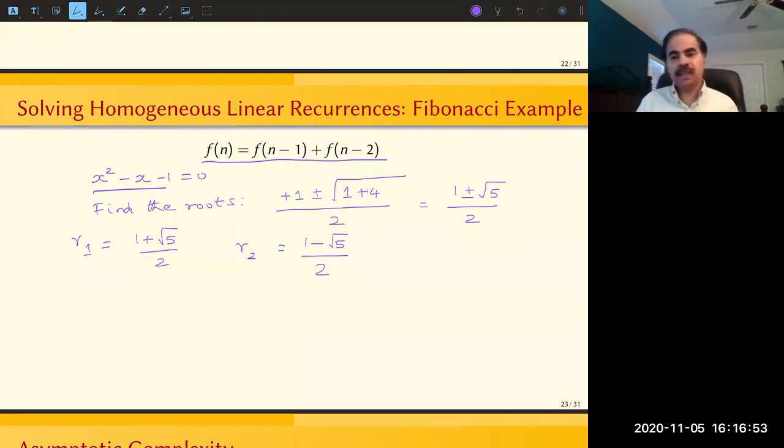Okay, I think this is correct. So if you see any mistake in the solution to the quadratic equation, let me know, but it looks right to me. So we have r1 and r2.